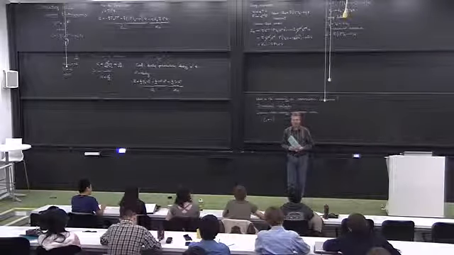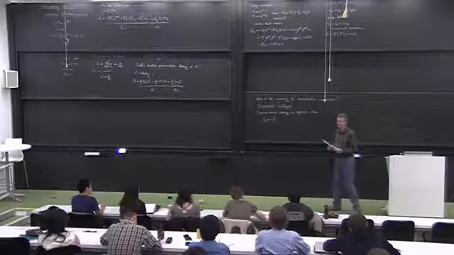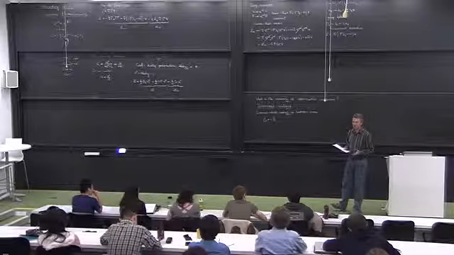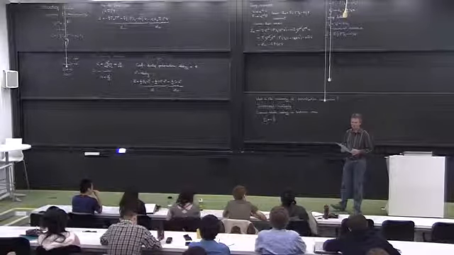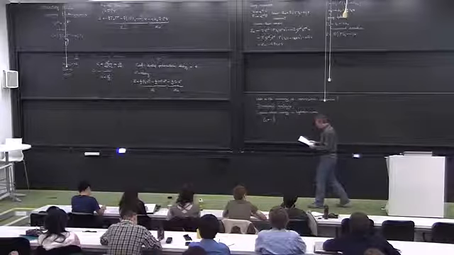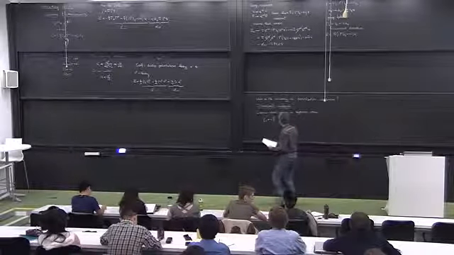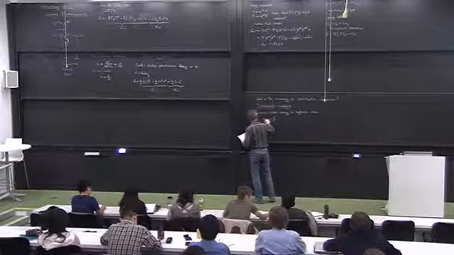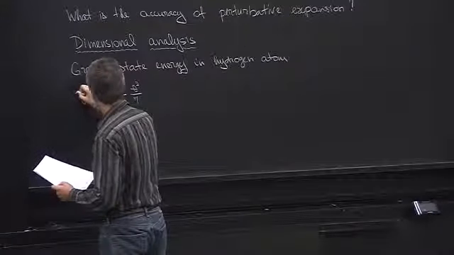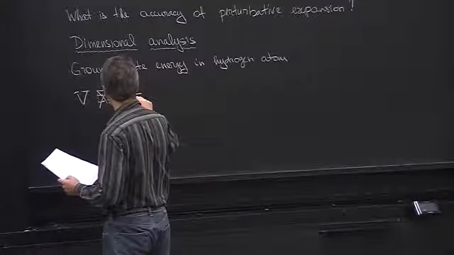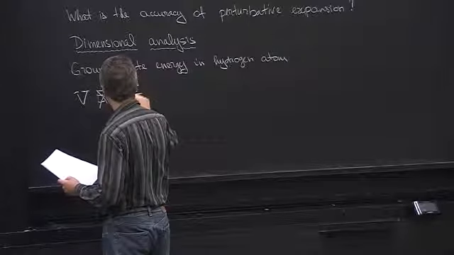And there is a very simple way to see what it is if you don't care about the coefficients. So we need to solve... this is the potential. And in our units, it's also, well, 4 pi here.